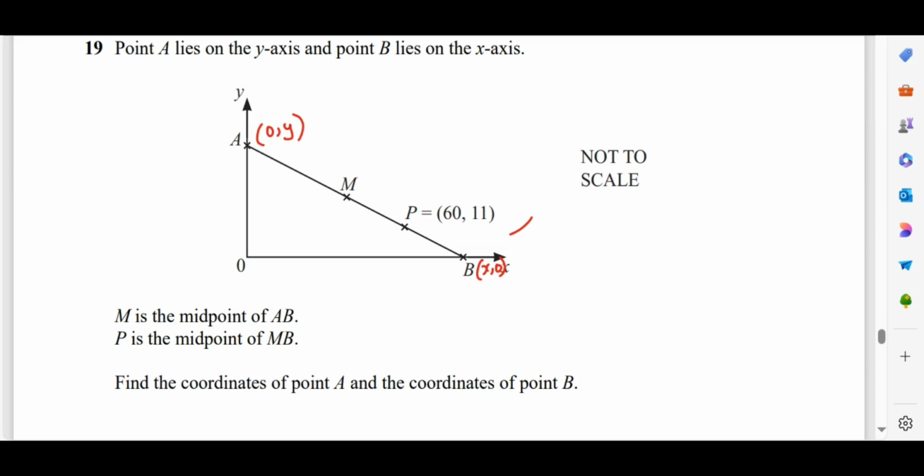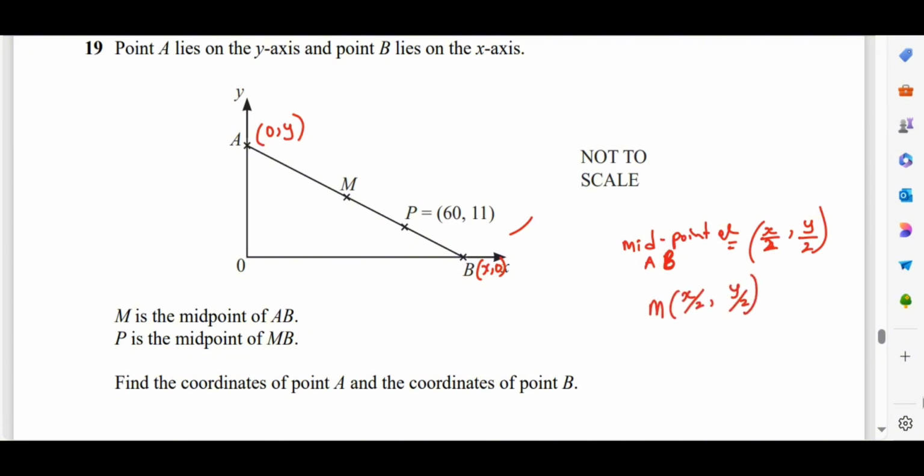It simply means that if I find the midpoint of AB, it will give me (x plus 0) over 2, which is x over 2, and (y plus 0) over 2, which is y over 2. So these are actually the coordinates of M.